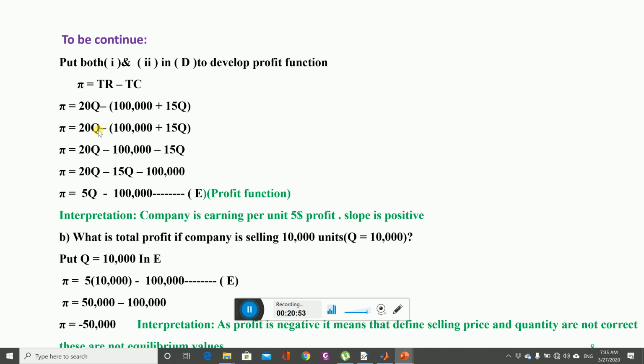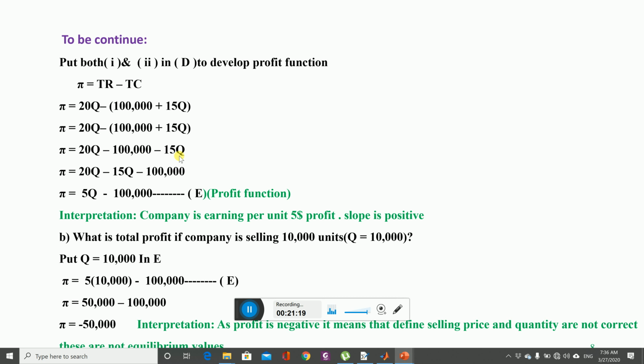So this is the revenue 20Q and minus TC, which we developed as 1 lakh plus 15Q, I take from there. So 20Q minus 1 lakh plus 15Q. Let me solve this. 20Q, we multiply this negative sign inside: 20Q minus 1 lakh minus 15Q.